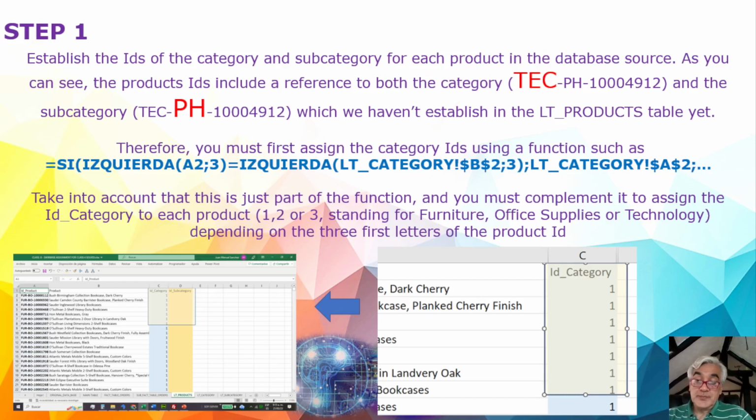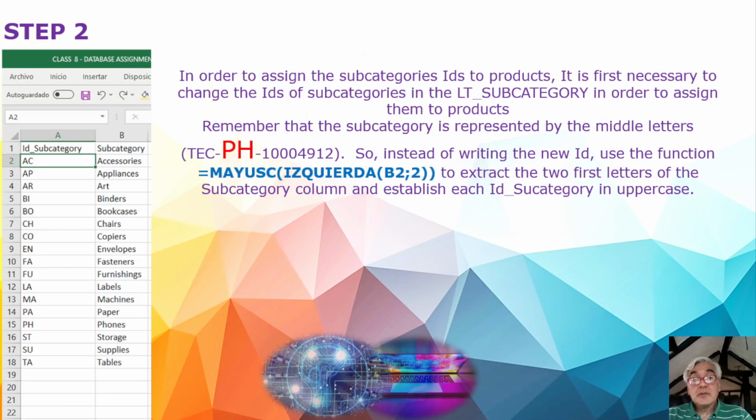The next step is to assign the subcategory ID, but first we are going to change the subcategory IDs that we have now, and we're going to assign them the real subcategory ID, which is the second part of the product ID, the 2 letters in the middle.